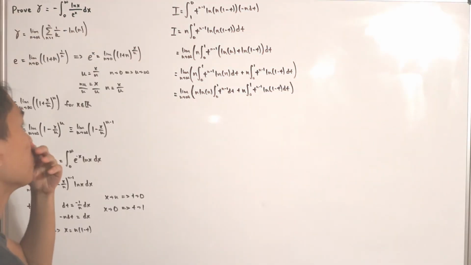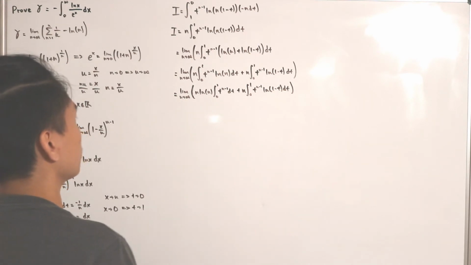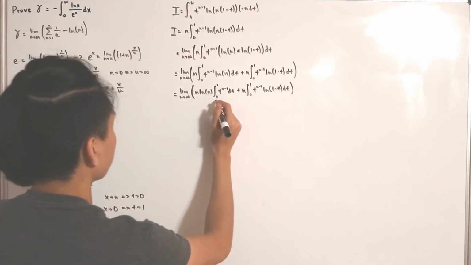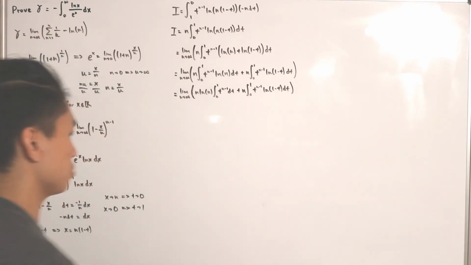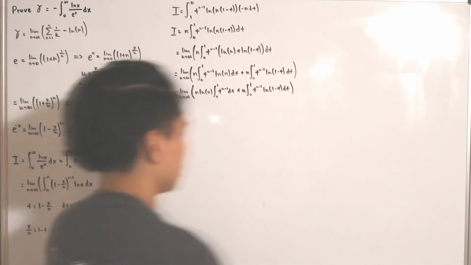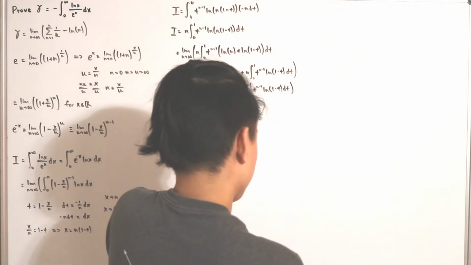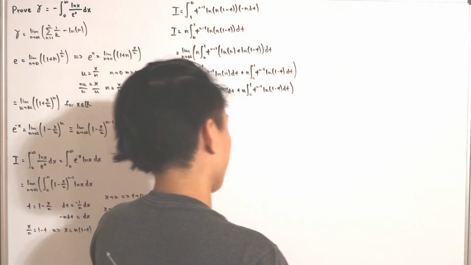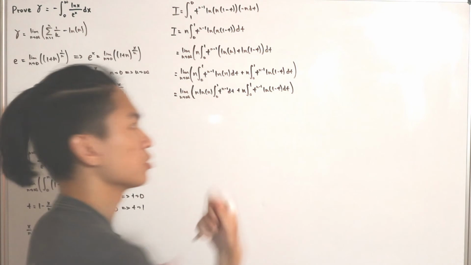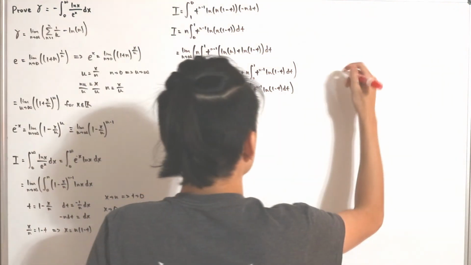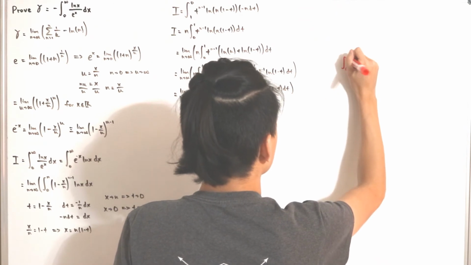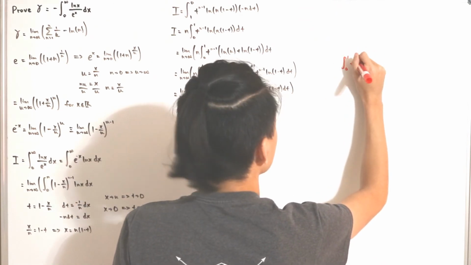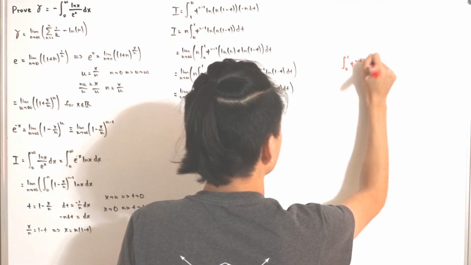Okay, so now the next part is let's actually calculate specifically this definite integral over here. So why don't I calculate this in red instead? I'm going to write it on the side over here. So we have our definite integral from 0 to 1 of t to the power of n minus 1 dt.